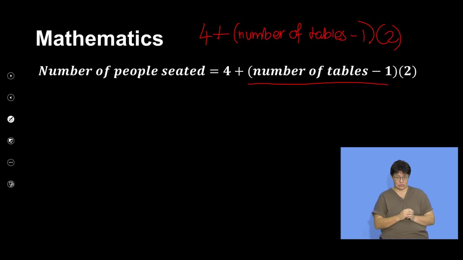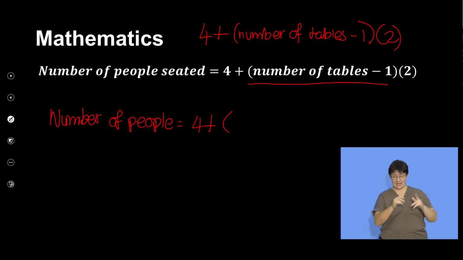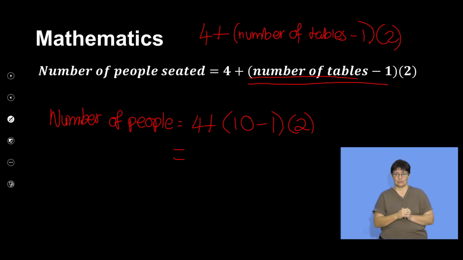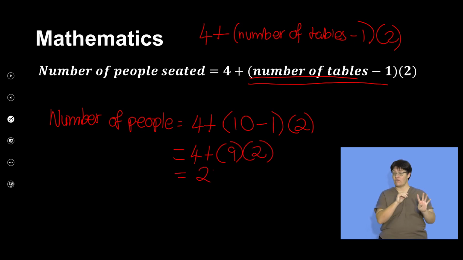So for 10 tables, the number of people at 10 tables will be 4 plus the number of tables, which is 10, minus 1, times 2. So I'm going to have 4 plus 9 times 2, which is going to give me 22 people seated at 10 tables.